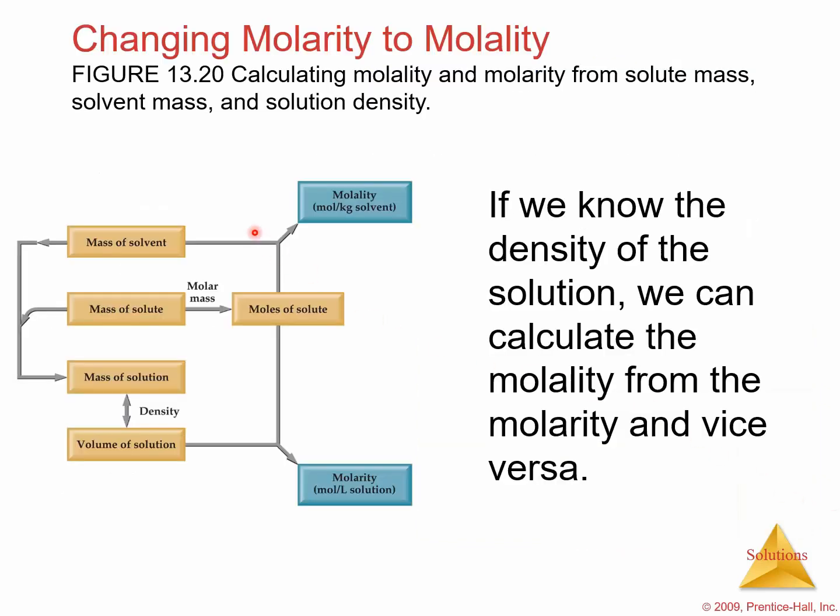Now, changing molarity to molality. To interconvert molality and molarity, we need to know the density of the solution. So this figure outlines the calculation of the molarity and molality of a solution from the mass of solute and the mass of solvent. The mass of the solution is the sum of masses of the solvent and solute.